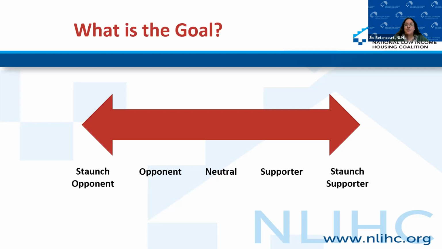But let's say that your elected official is a staunch opponent of affordable housing. Your goal with advocacy is to get them to be a little bit quieter about their objections to affordable housing solutions, so that it's not as harmful for other folks to hear the negative rhetoric around affordable housing, and then you can push for things that are actually helpful.